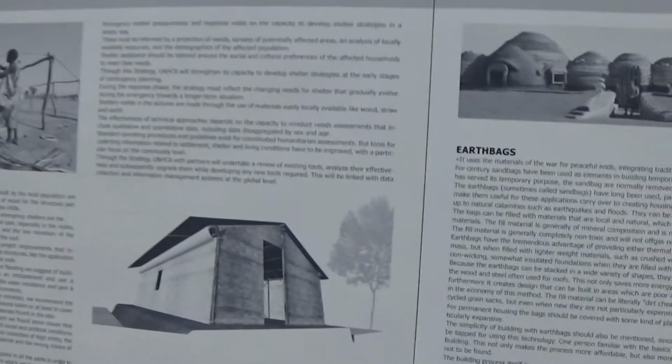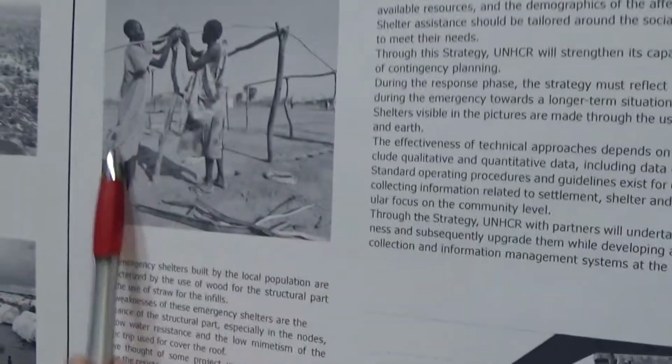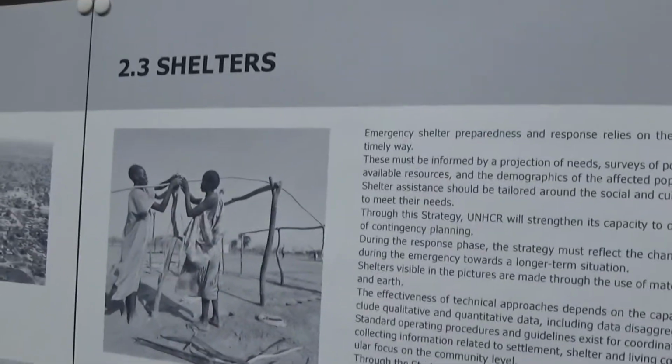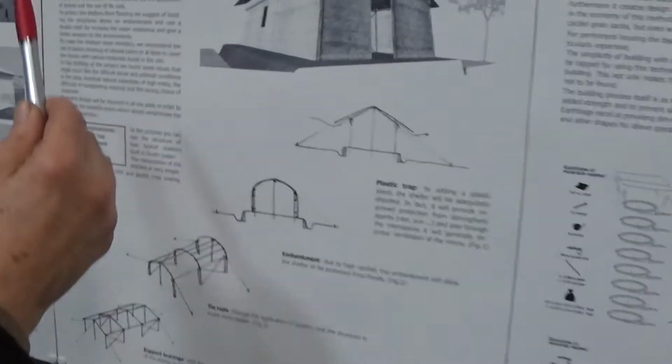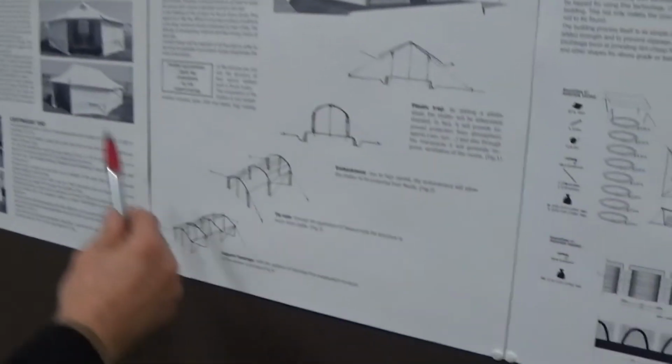Here you see how we made an evaluation of the existing capability of the population to do it themselves, and we enlarged this capability of self-help in order to improve the existing camps.